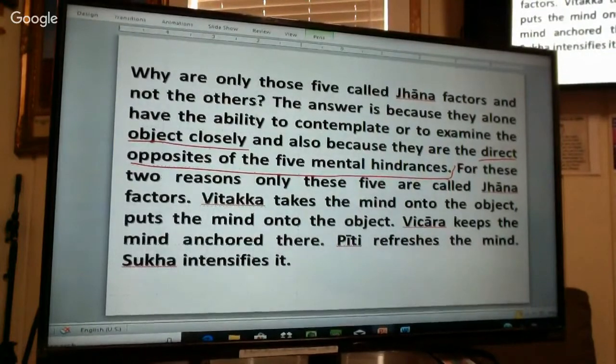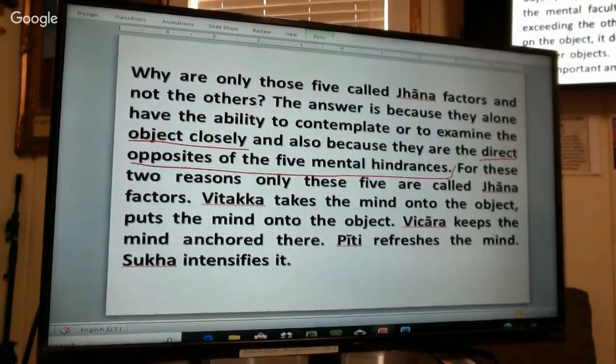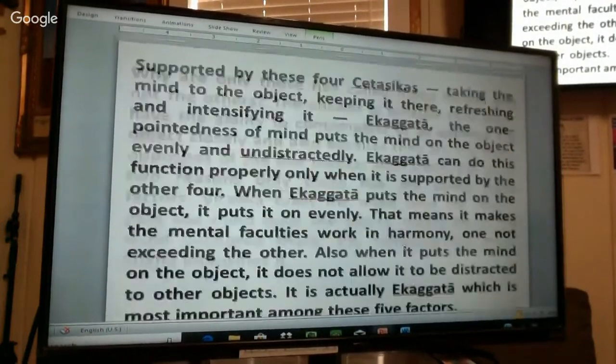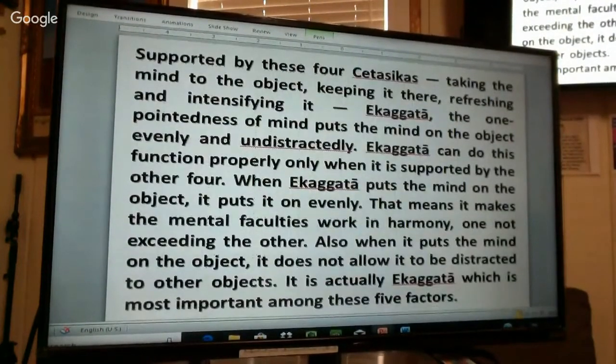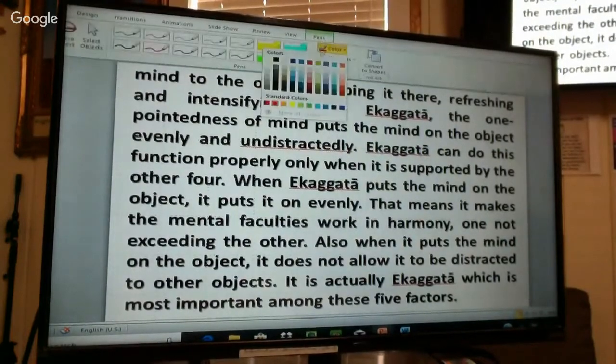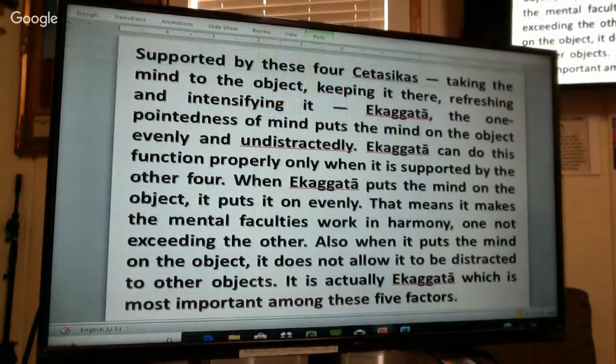So that is how they support our mental situation. Supported by these four Chaitasika: taking the mind to the object, keeping the mind on that object, refreshing body and mind, and intensifying our mind. And Ekagata is one-pointedness.